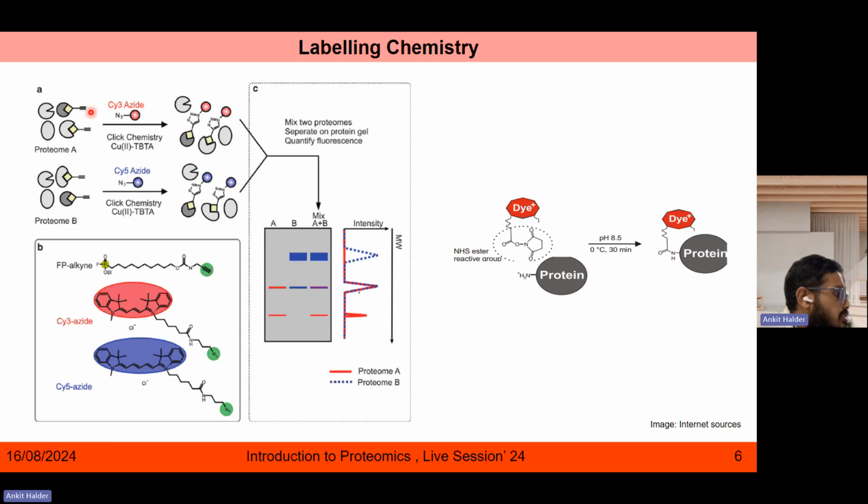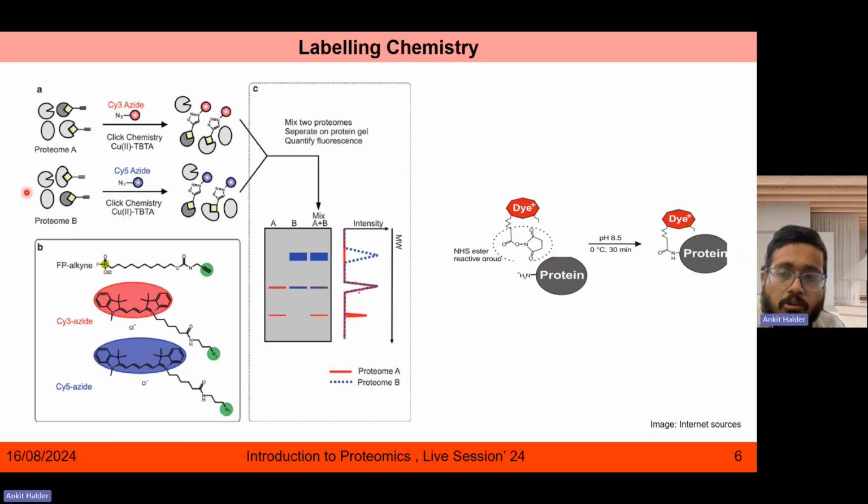Here you can see this is proteome A, proteome B. We have said that in a single gel we reduce the gel to gel variability, which was one of our concerns when we talked about the limitations of 2D two-dimensional gel electrophoresis.